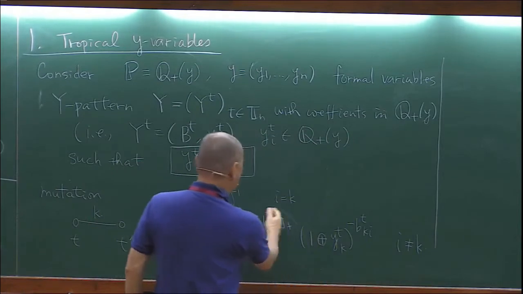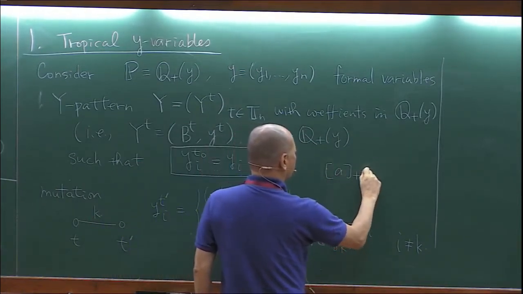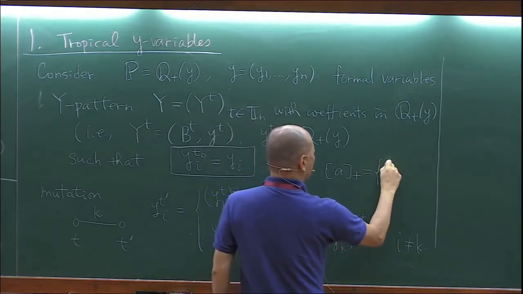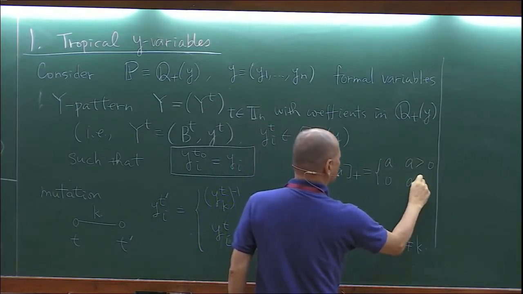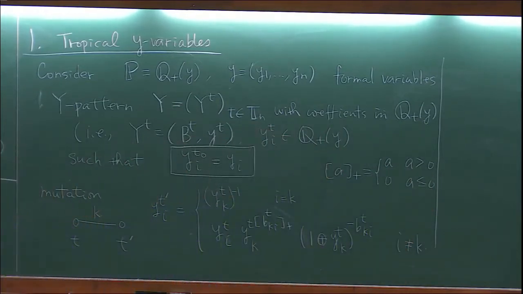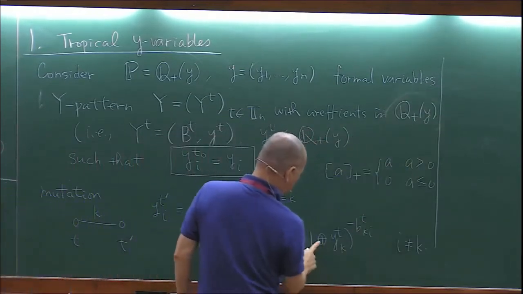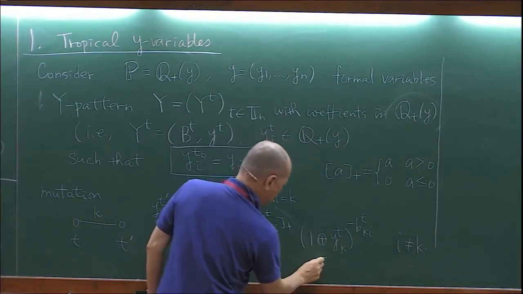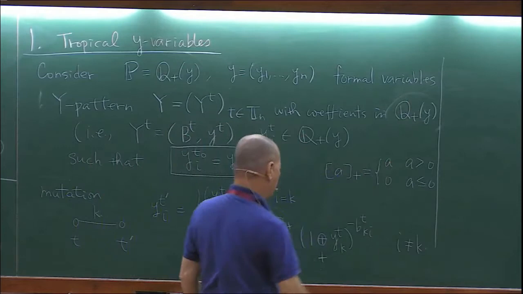And for this bracket, I recall that when a is positive, it is a, and if a is negative, it is 0. By the way, in this setting, this plus is just the ordinary plus in a rational function field.